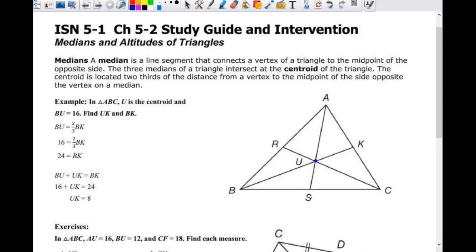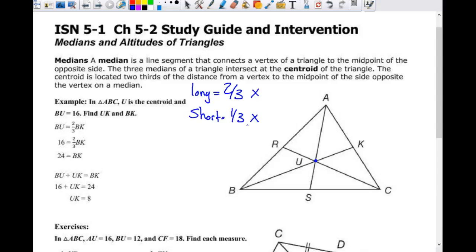So if we wanted to write this as an equation, we could say the long portion is equal to 2/3 of the entire line. I'll call that x for now. The short portion is, well, if the long portion is 2/3, what does the short portion have to be? 1/3 of the entire line.